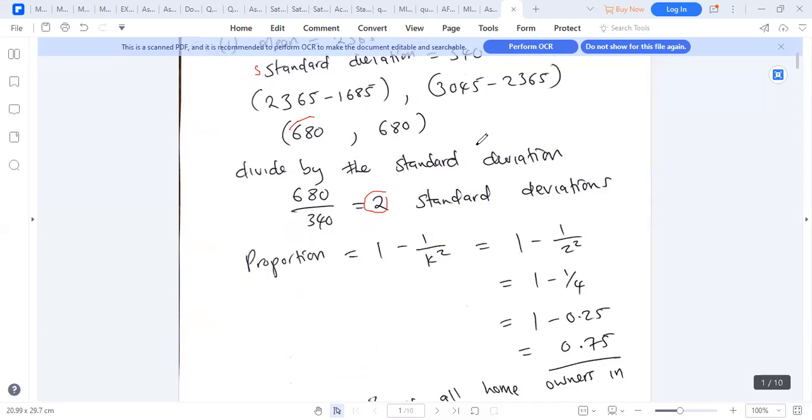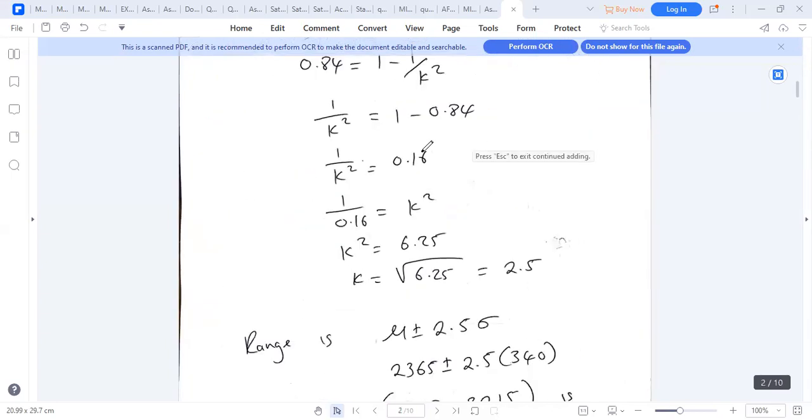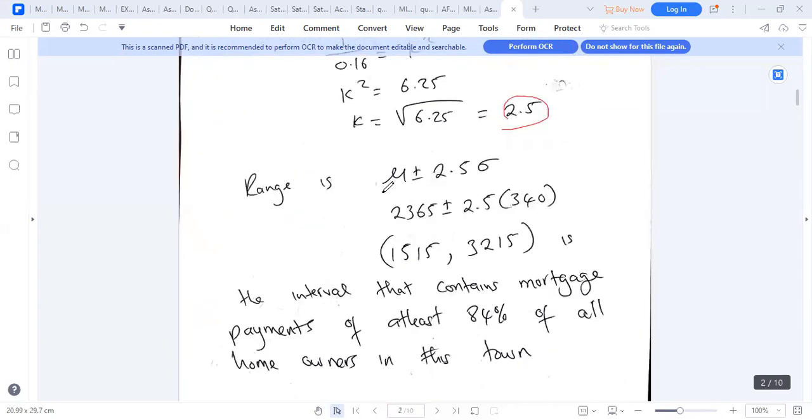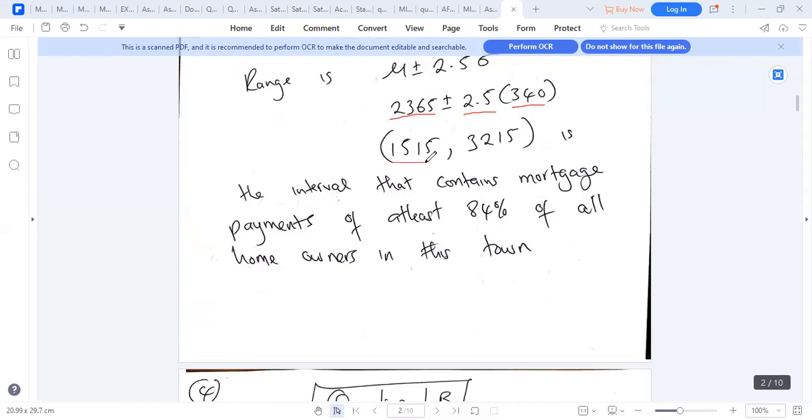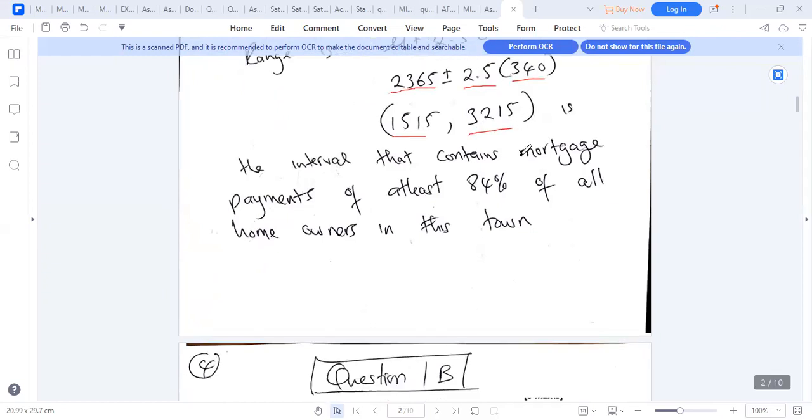So since we found our K as 2.5, we're going to substitute here. Our mu is 2365, our K is 2.5, and our standard deviation was 340. So the lower bound is 1515, the upper bound is 3215. So what does this mean? It means that the interval that contains mortgage payments of at least 84% of the homeowners will lie between that confidence interval. That is when we're using the Chebyshev rule.